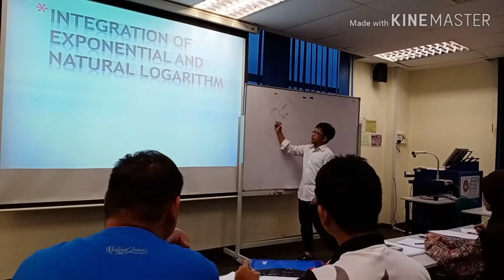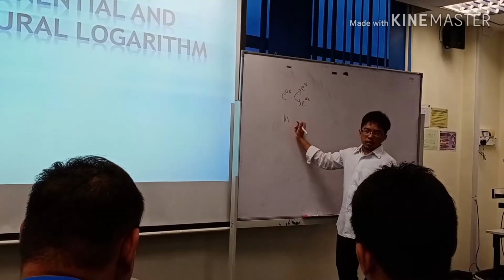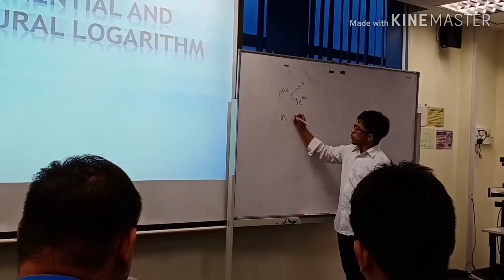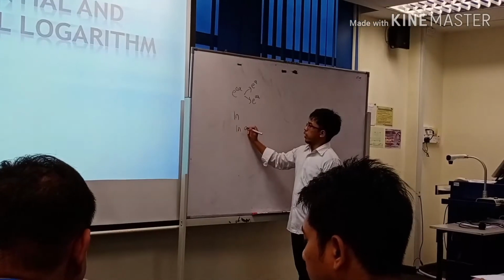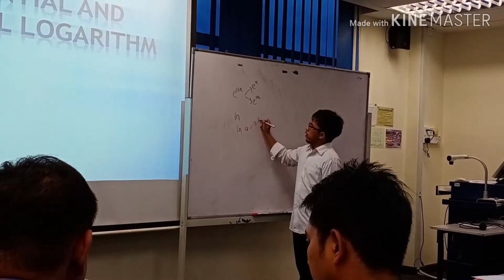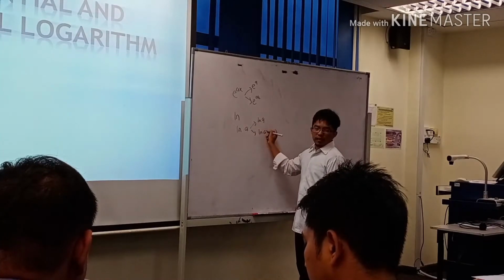For natural logarithm, it is ln. When we want to use ln, we have to use ln of a constant, or ln of a function.